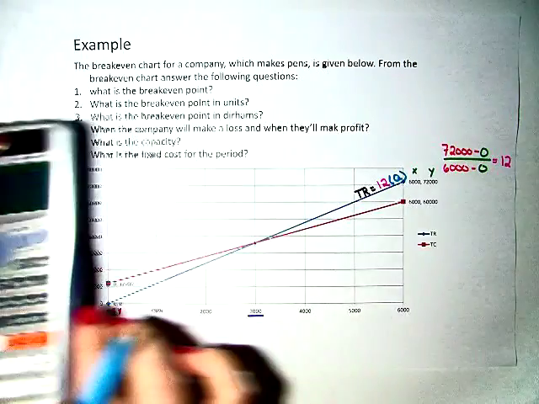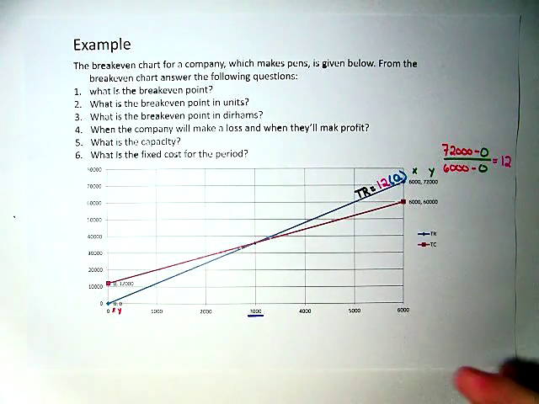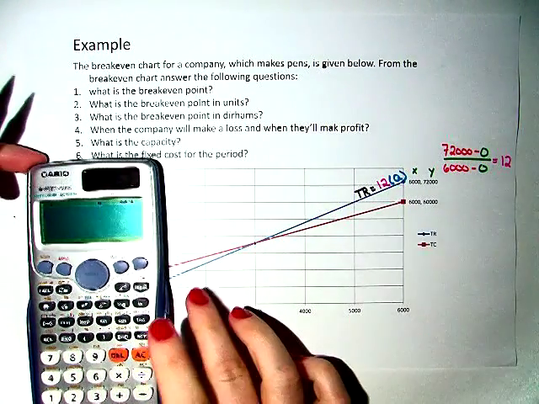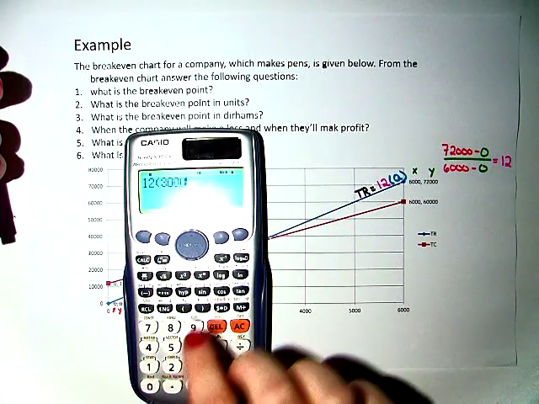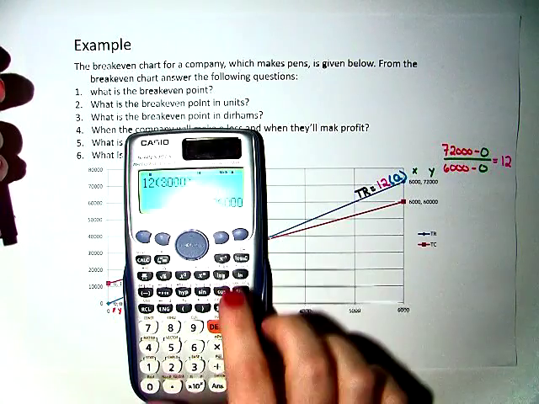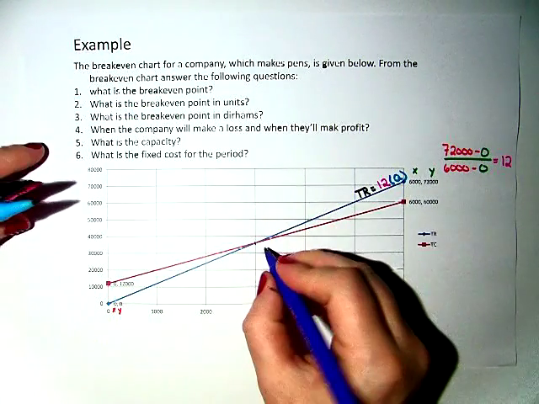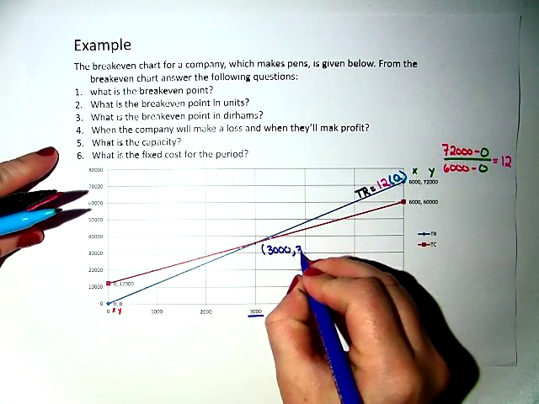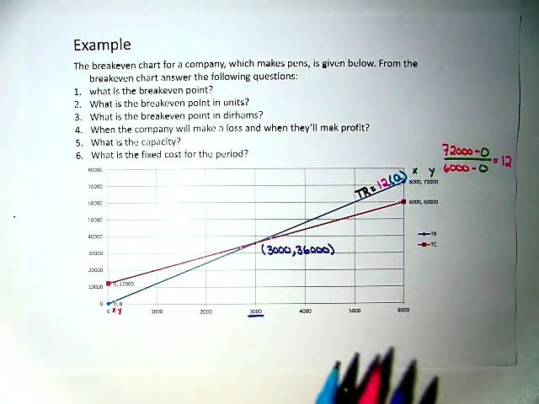Now, if we know this, we can find out what this point is, and that's an important point to have because that is your break-even point. So in order to do this, we're going to put in 3,000 for my quantity. So 12 times 3,000 is 36,000. So this break-even point right here is 3,000, 36,000.